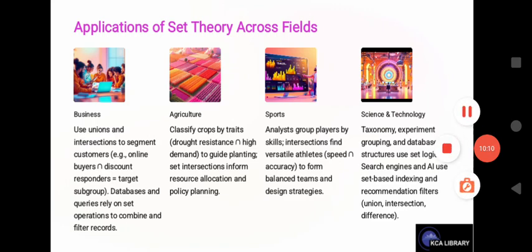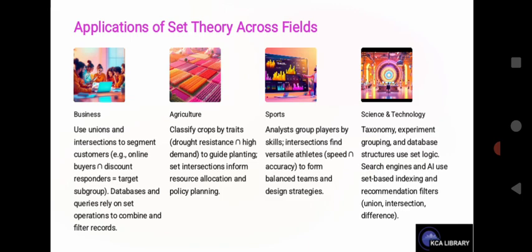We use the knowledge of sets to classify crops by traits, the ones that resist drought versus the ones that are in high demand. We can also use sets to guide planting. We use intersections to inform resource allocation and even policy planning.